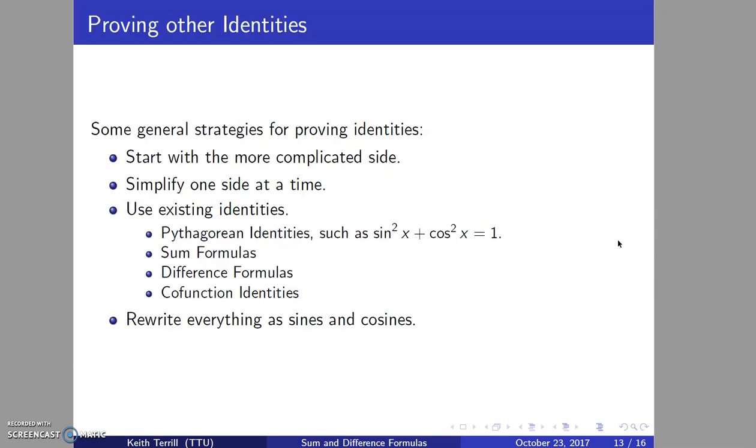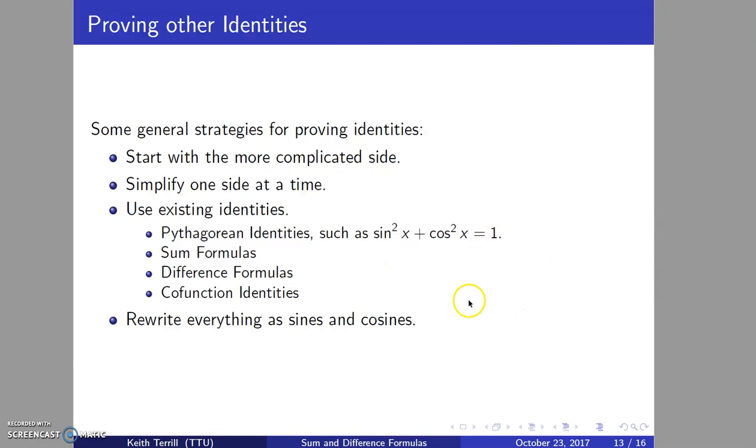And also remember that you can use any existing identity you have access to: the Pythagorean identities, the sum formulas, the difference formulas, the even-odd identities, right? The sine of negative x equals negative sine x.